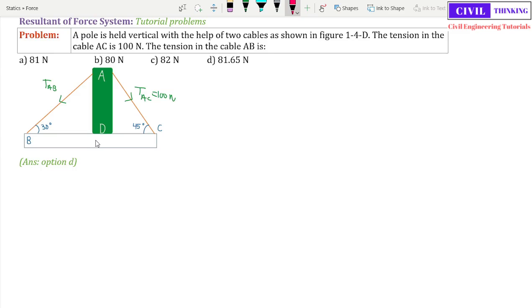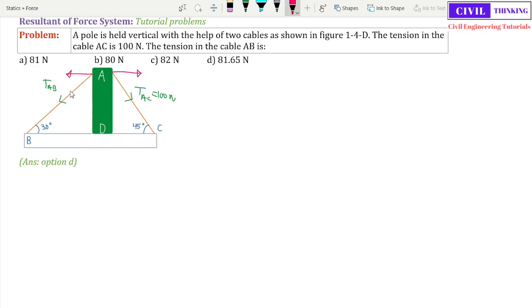It will be in static equilibrium when the forces towards the left are equal to the forces towards the right. When you pull equally from here and here, this AD will be held vertical.